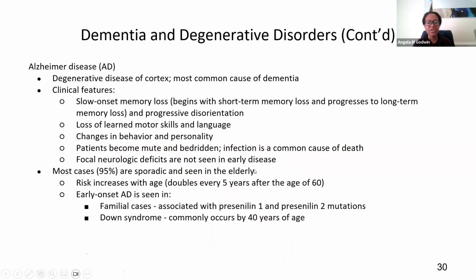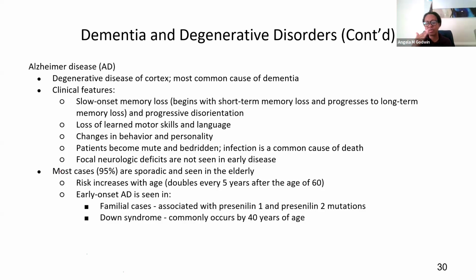So in Alzheimer's disease, you're thinking that's more cortex related. The most common cause of dementia is considered Alzheimer's disease. It's usually a very slow onset of memory loss, usually beginning with not remembering things that happened more recently, and then progressing to long-term things that happened a long time ago.